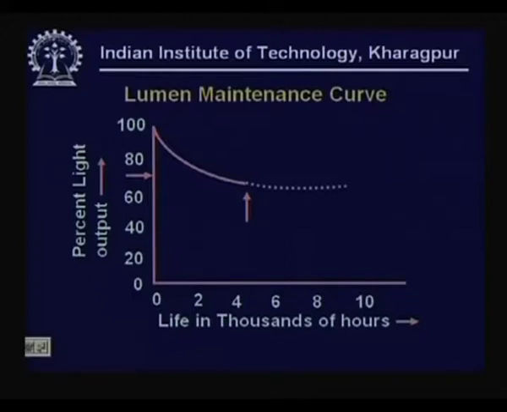So, what we observe is that there is a rapid fall of light output initially, but somewhere around 3000 to 4000 hours it tapers and maintains around the same level, which is around 70%.